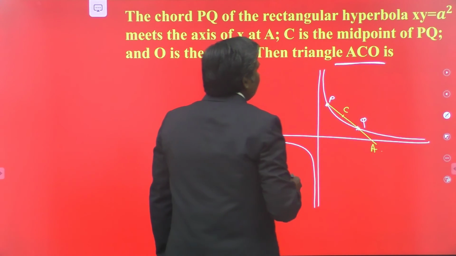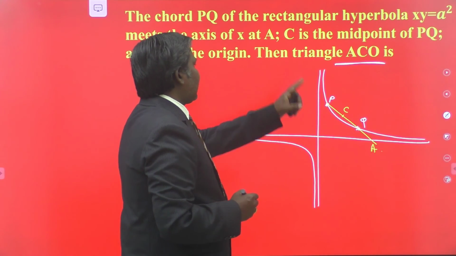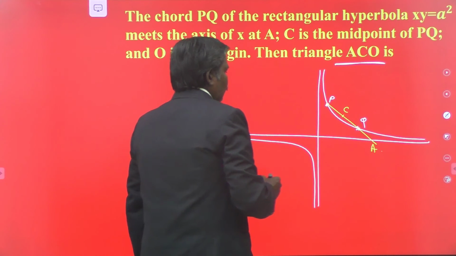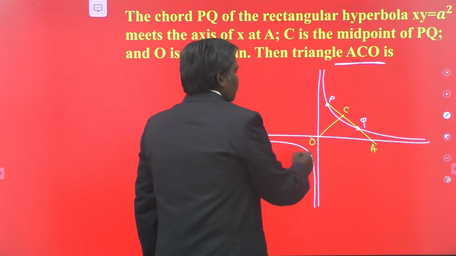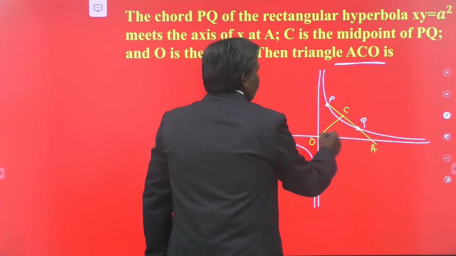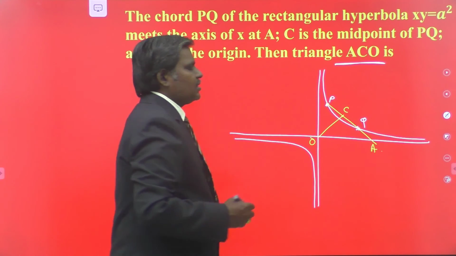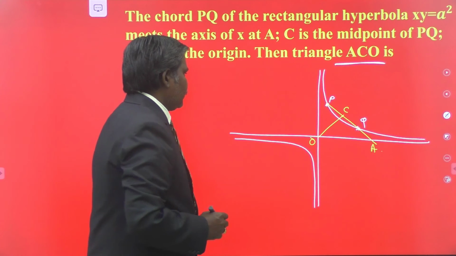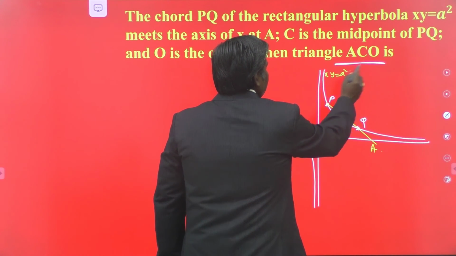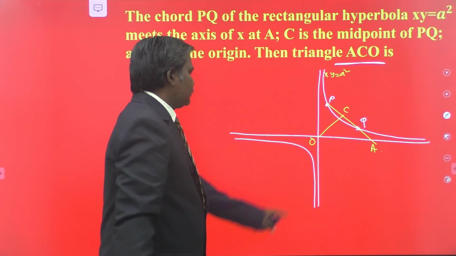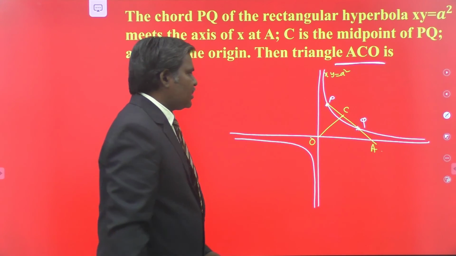This is C. Then the type of the triangle ACO. This is origin O. This is the triangle ACO. What is the type of the triangle they are asking? This is the question. So this is xy equals a square, rectangular hyperbola. This is the origin. Understand?